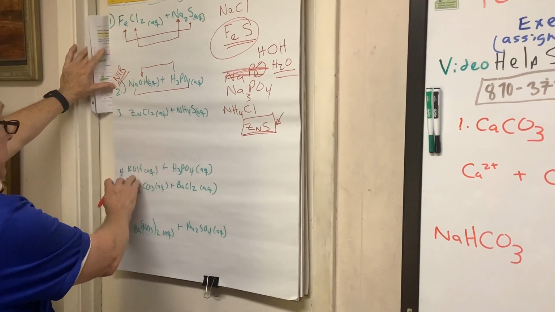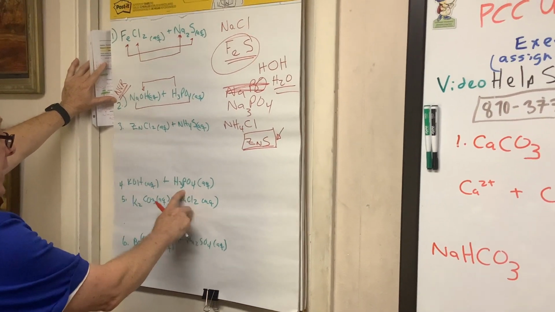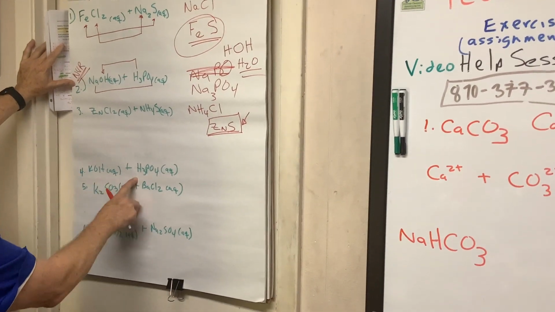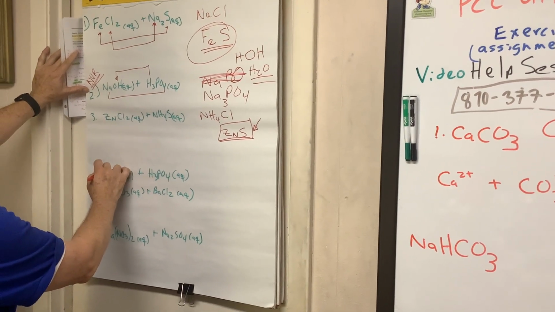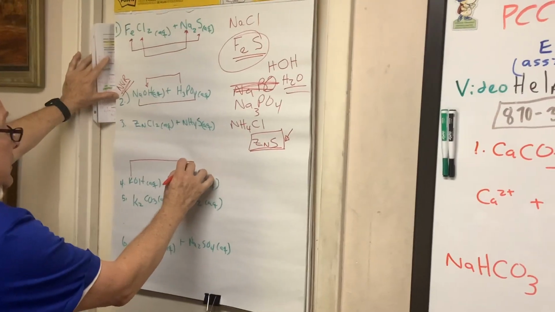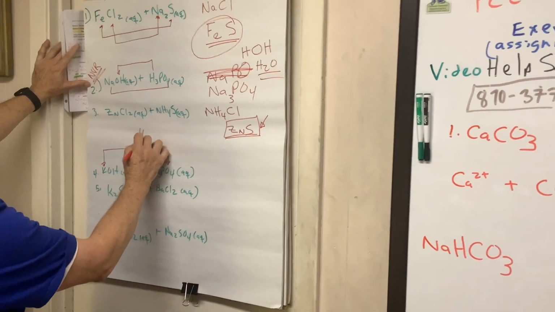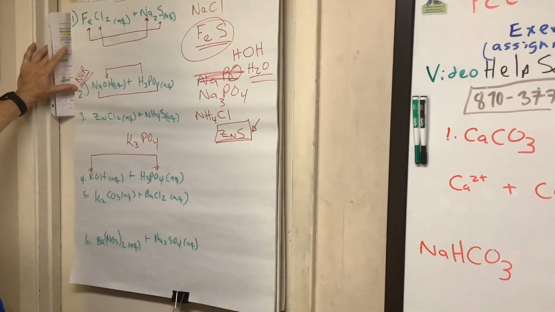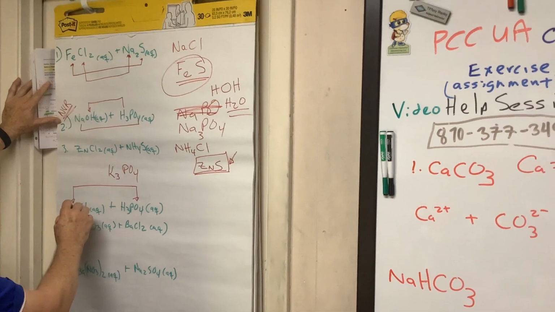If I change dance partners in this reaction where I have phosphoric acid again and potassium hydroxide, I will mix this potassium with this phosphate, and I will make potassium phosphate, which is soluble. It's a group 1 metal. According to the rules of solubility, it's soluble.